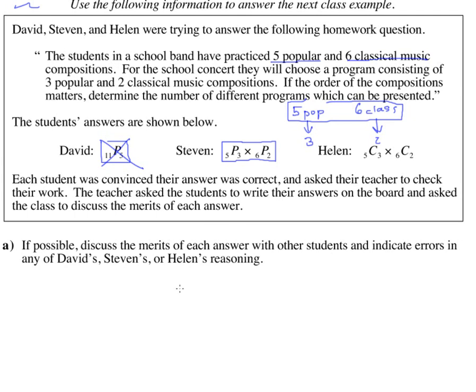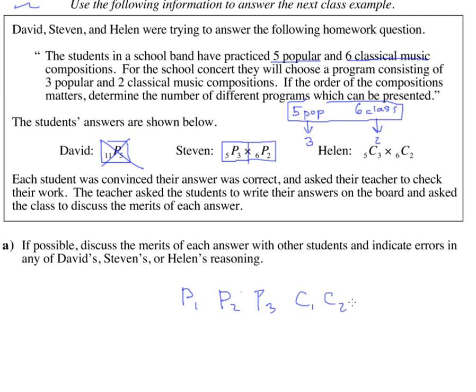That gets you, let's say, pop song number 1, and pop song number 2, and pop song number 3, and then classical song number 1 and classical song number 2. Stephen's selection does all of that. It says it picks out 3 pop songs from the 5 and 2 classical songs from the 6.